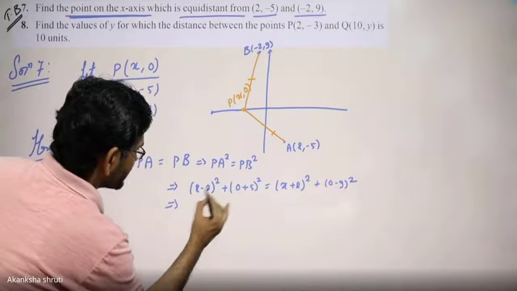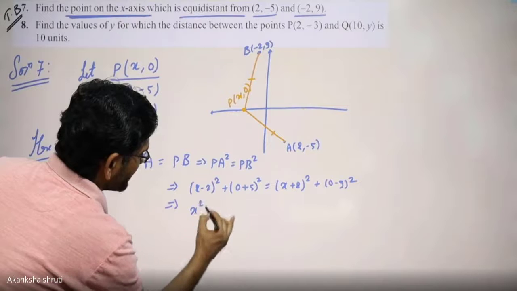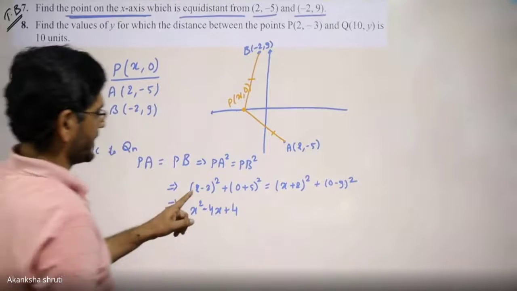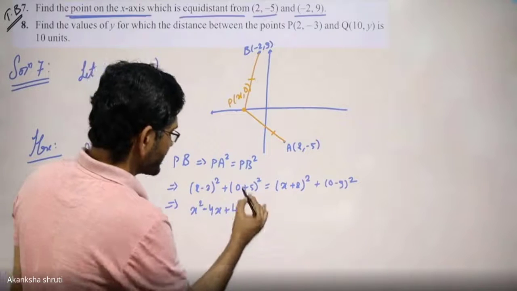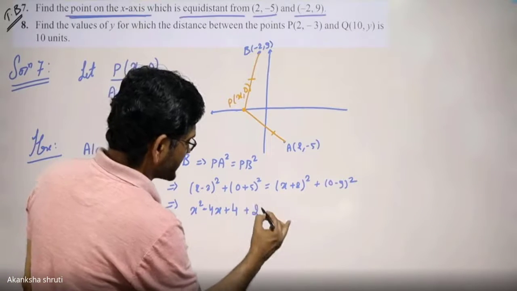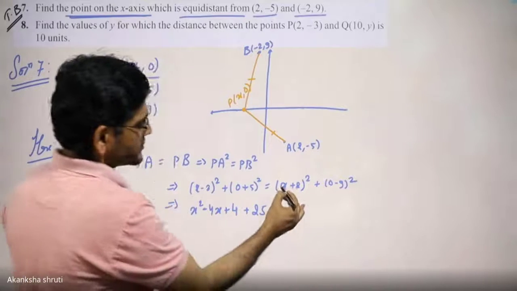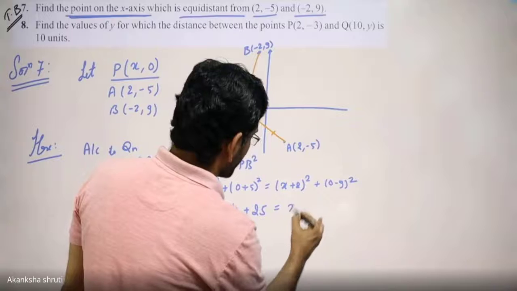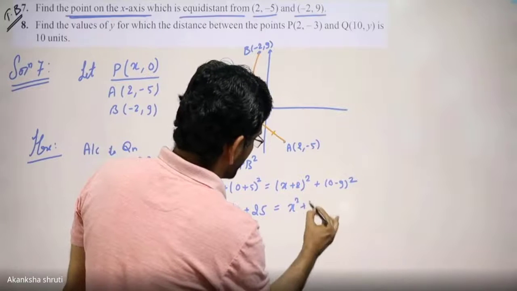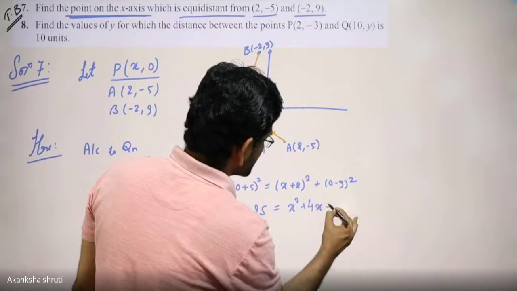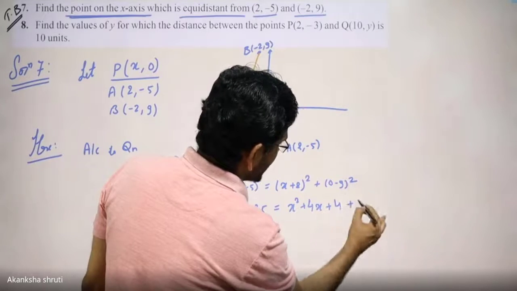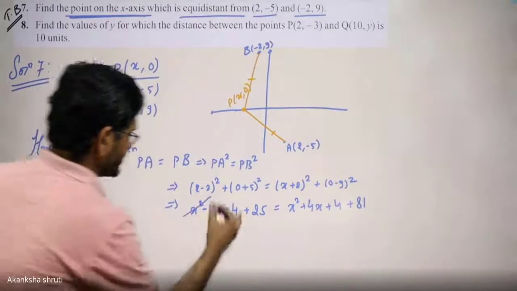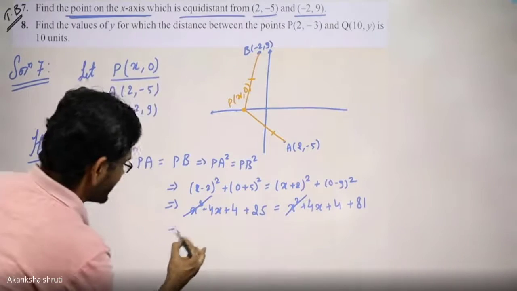We have to just simplify it for x. Students, it becomes x squared minus 4x plus 4, on expanding (x minus 2) whole squared, plus 5 squared, which is 25, equals (x plus 2) whole squared. So it becomes x squared plus 4x plus 2 squared, which is 4, plus 9 squared, which is 81. Now again x squared is getting cancelled.